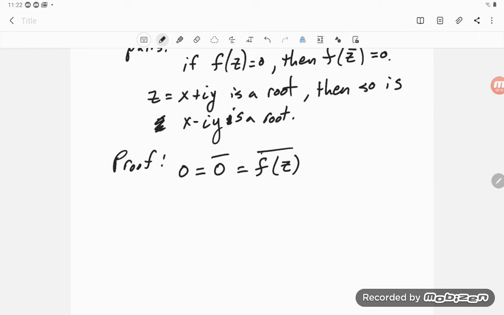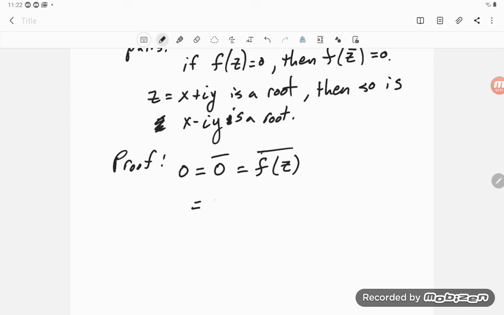Okay, so we used a z that was a root of f, and we got 0, but we can take the conjugate of that, and that's still 0, and so we've got this identity.